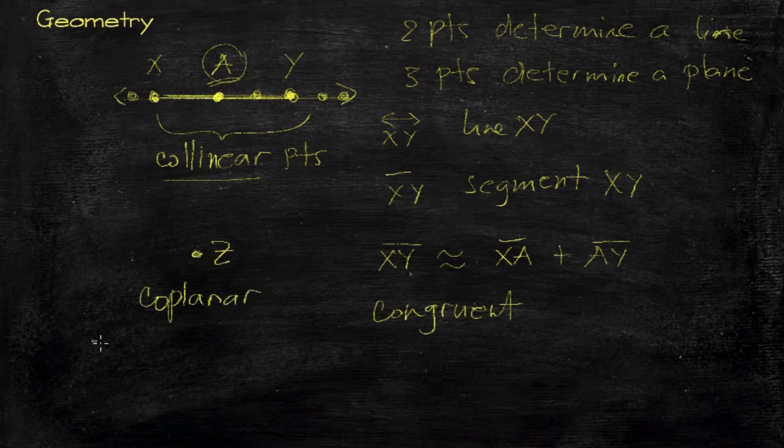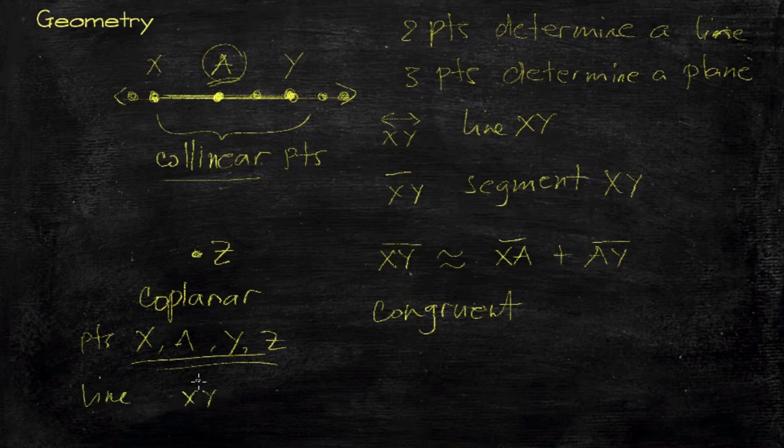So, lahat sila, points X, A, Y, Z are coplanar silang lahat. And pati si line XY, no? Coplanar din. So, they all exist in this one blackboard plane. So, ang tawag sa kanila ay coplanar. Alright?